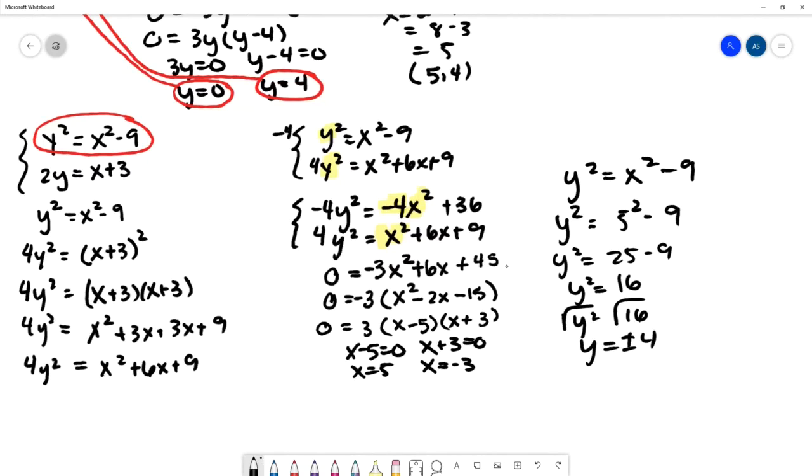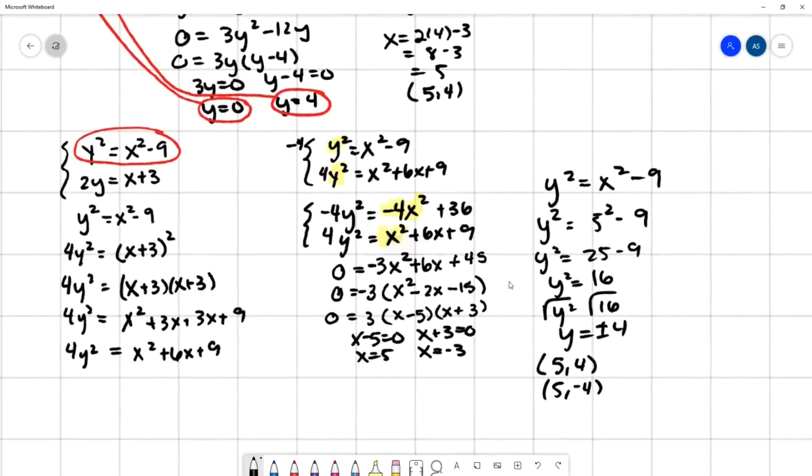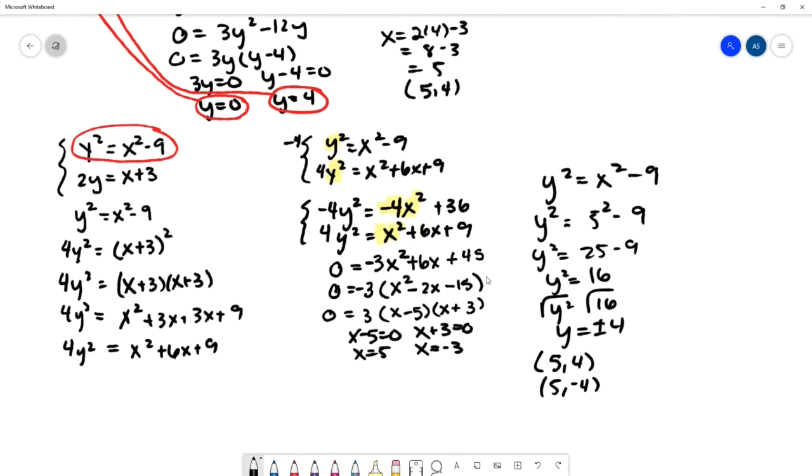So that's 2 ordered pairs. That is an x of 5 and a y of 4, an x of 5 and a y of negative 4. Okay, how about if x is equal to negative 3?